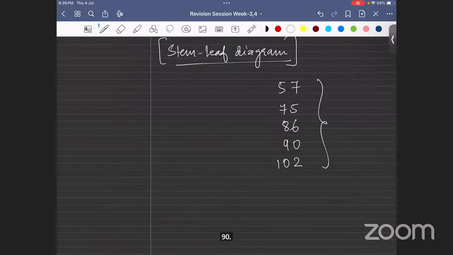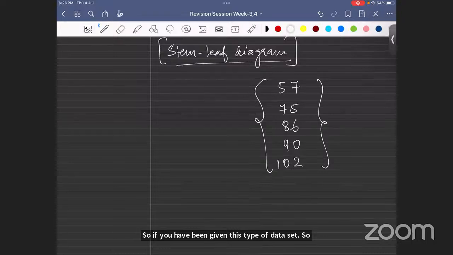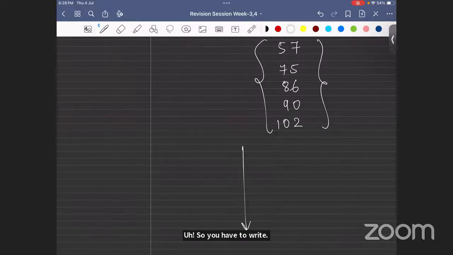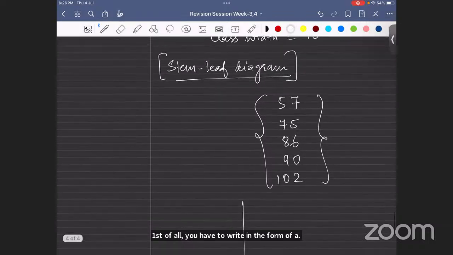If you have been given this type of data set, for example here we just took 5 data points only, you can plot this stem and leaf in such a way. First of all, you have to write it in ascending order. Whatever data set has been given to you, you divide it into a stem and a leaf.